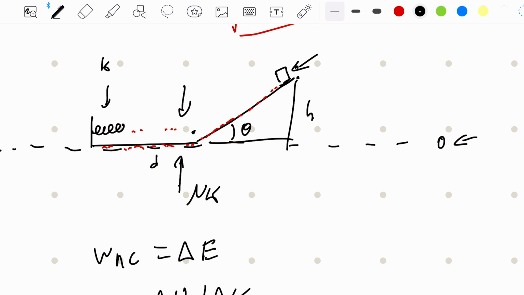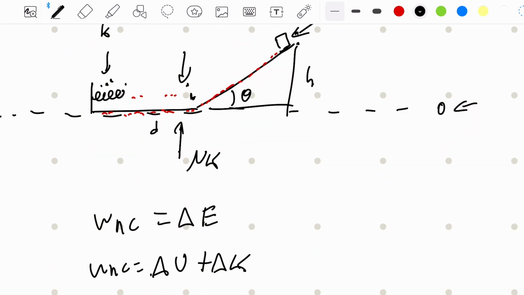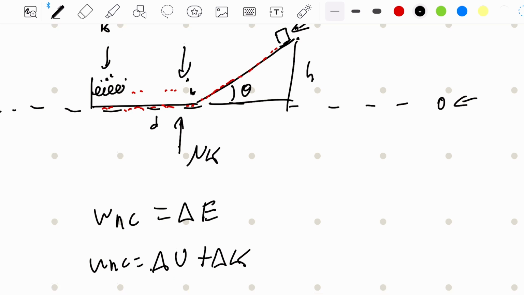You want to do another one from when it's here to when it hits the spring, another one during the compression of the spring, and then another one after the compression of the spring. You could also do this all in one stroke, but that's a lot of math. There's a lot of ways to make mistakes with that. So I would advise to do it at multiple different positions.